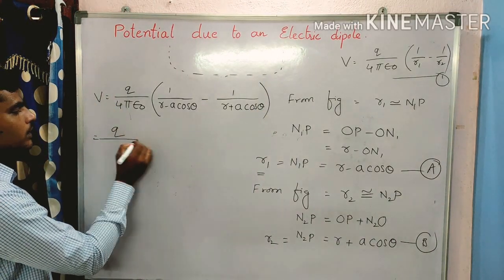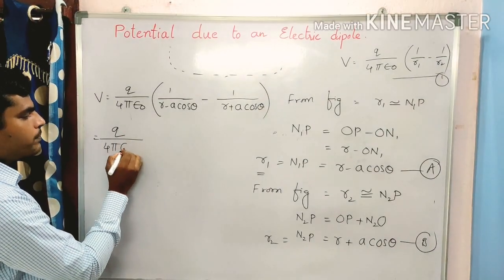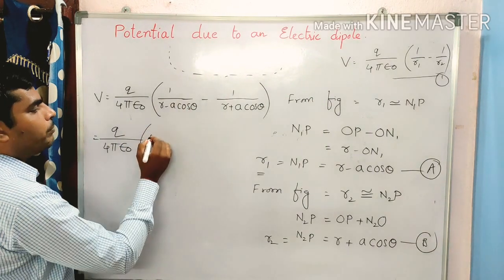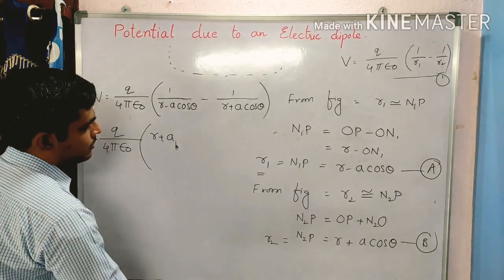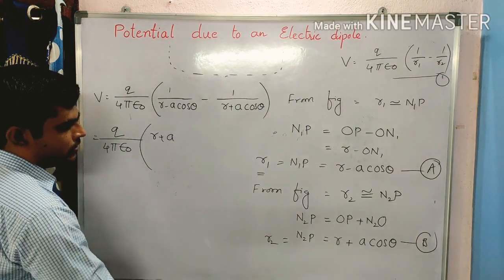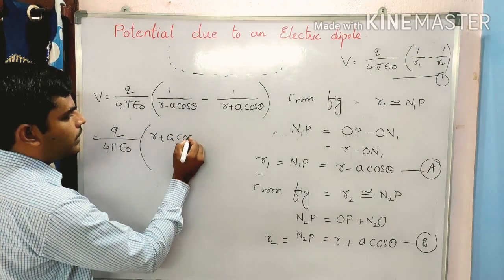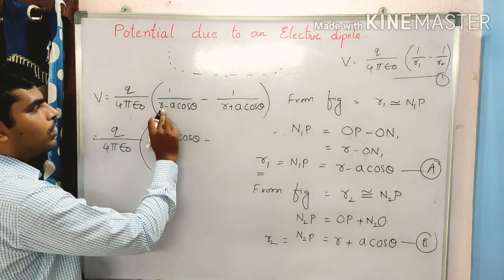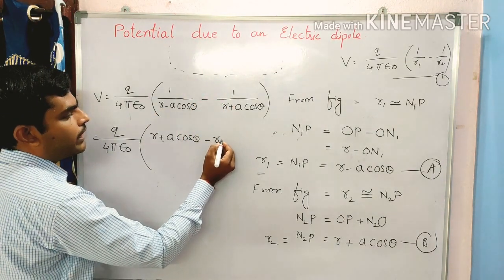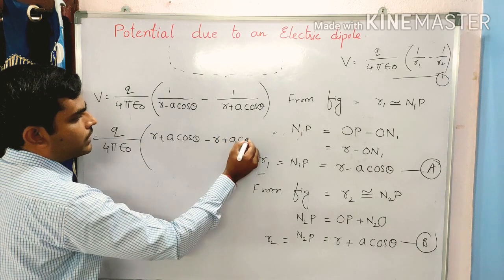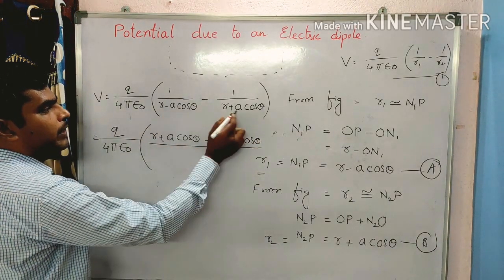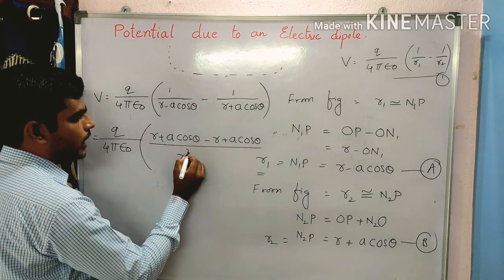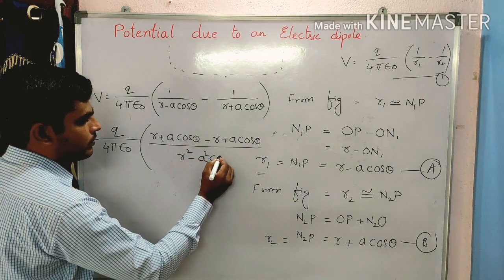Now come to mathematics. 1 by 4 pi epsilon naught, R plus A cos theta minus of R minus A cos theta, that is minus R plus A cos theta, by a plus b into a minus b, a square minus b square.